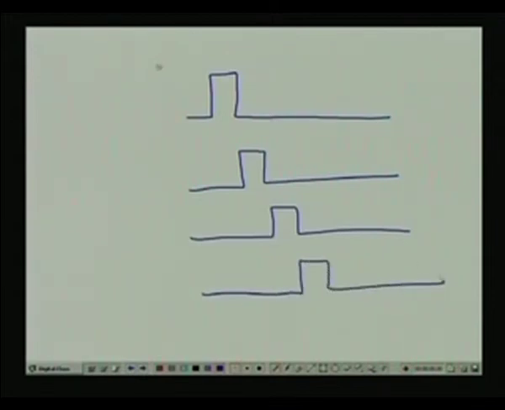So this is control V1, this is control V2, control V3, control V4. You see, only when this is high, only analog switch 1 will be selected, all others will be deactivated, right.